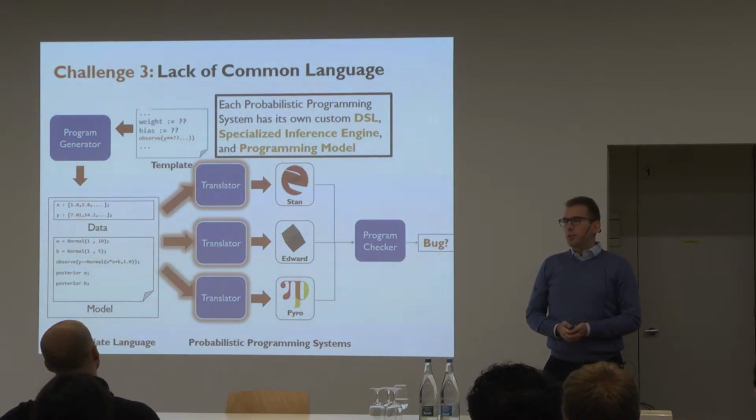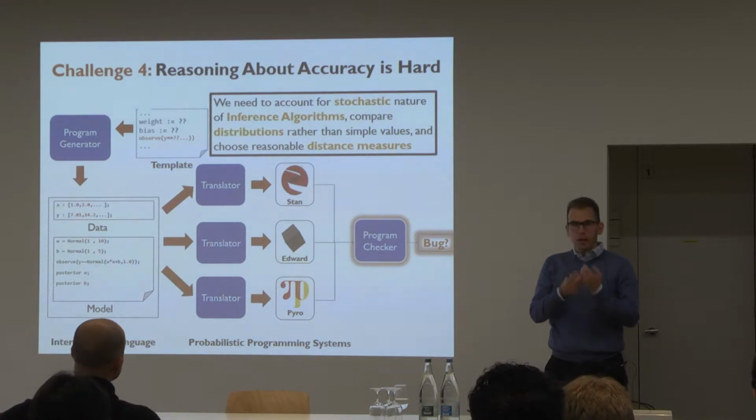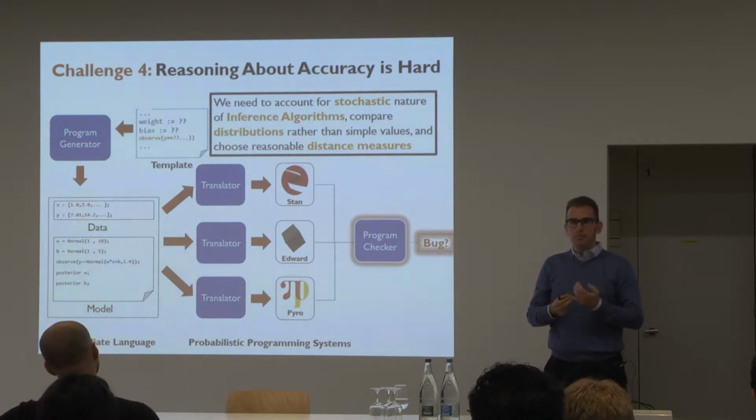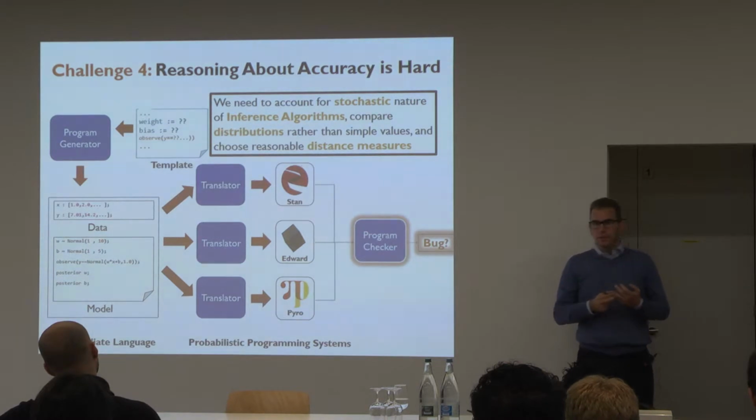And then what are the properties we may want to check? Well, here are a few. We may need to account for the stochastic nature of inference algorithms. As we've seen in Hongseok's talk, these problems can be very nasty, and we need to compare distributions rather than just saying, "Oh, this is the same as something else."